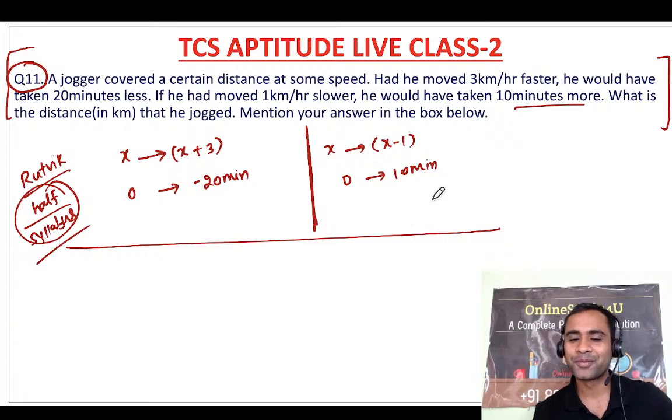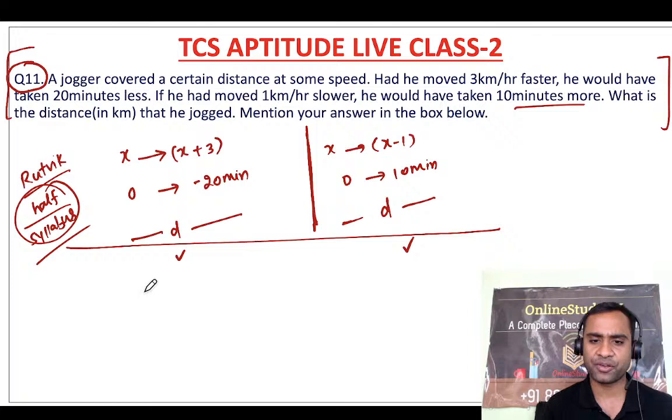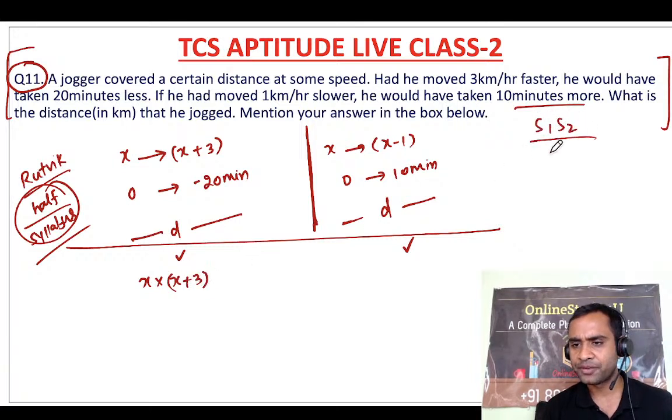Okay, now, so distance in both the cases is same. So what we will do, we will use a distance formula here and equate. The formula is s1 s2 divided by s1 minus s2, into delta t.